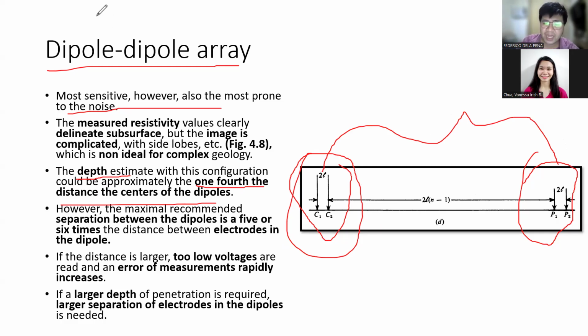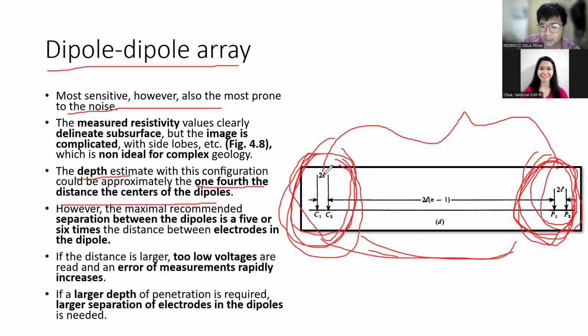So the advantage of the dipole-dipole array is that you can get a very deep penetration for a smaller array length, right? So you need a shorter array, okay, with a dipole-dipole array to get a very deep reading compared to the other resistivity arrays.